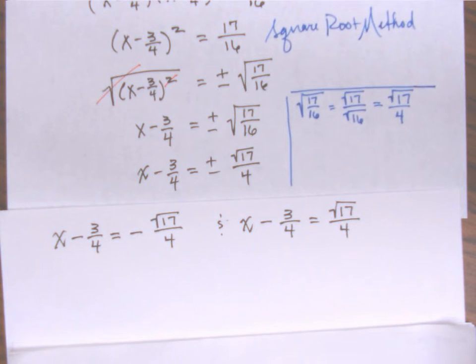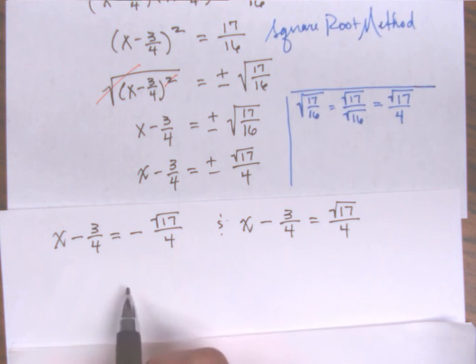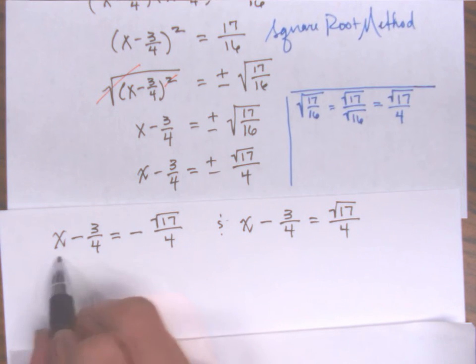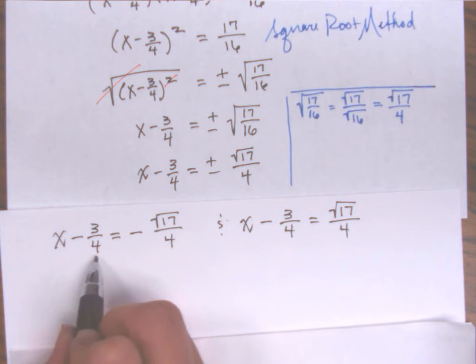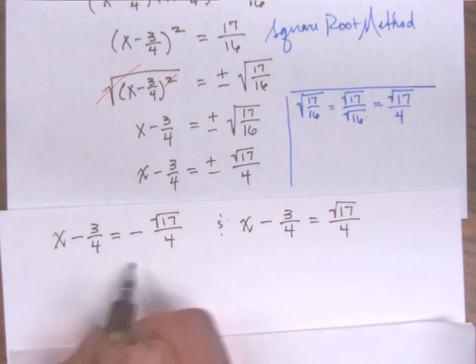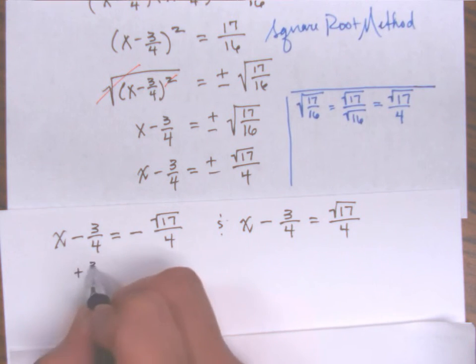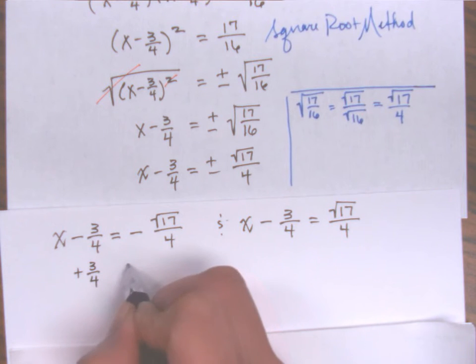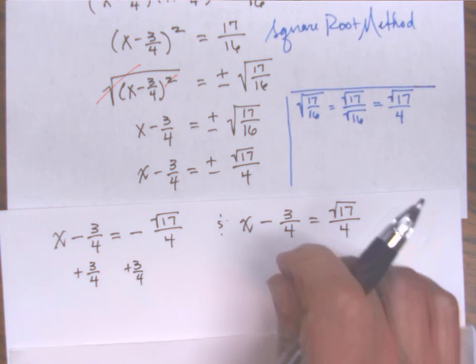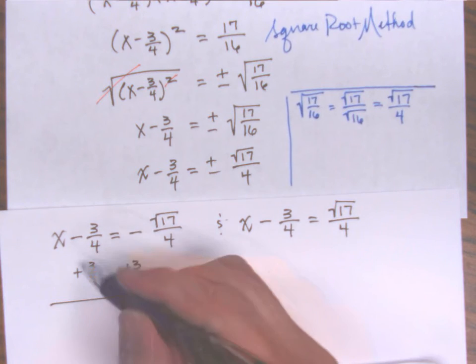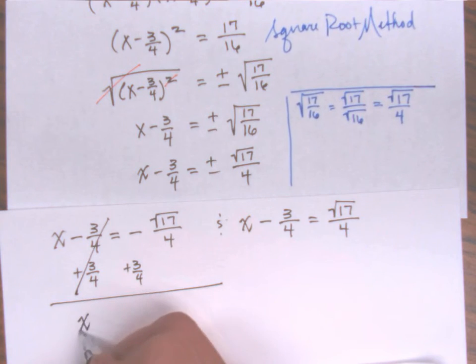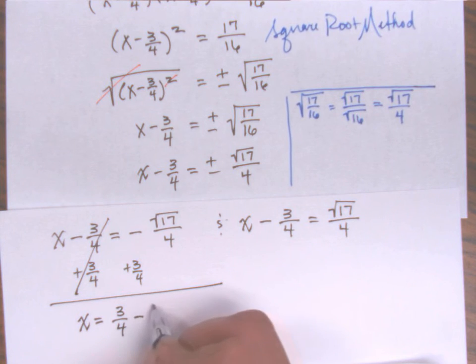Okay. So just working with one equation at a time this time. To solve for x, I need to add my negative 3/4 to both sides. So let's do that. Plus 3/4 plus 3/4. This adds up to 0, so I'm looking at x equals 3/4 minus the square root of 17 over 4.